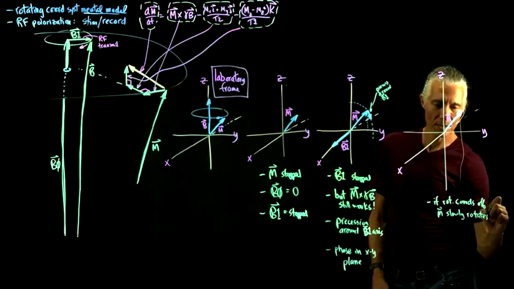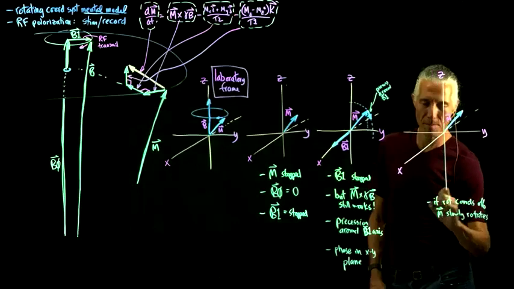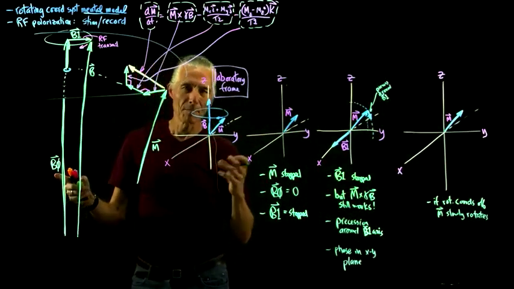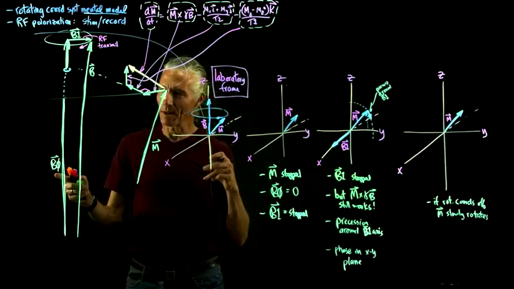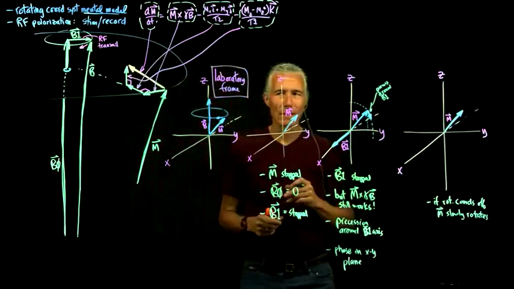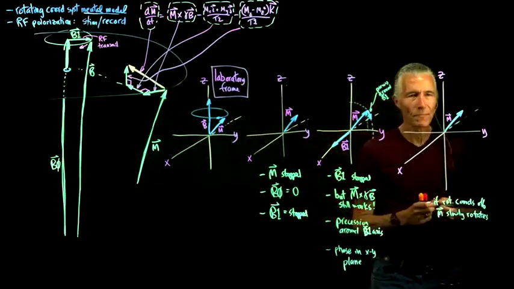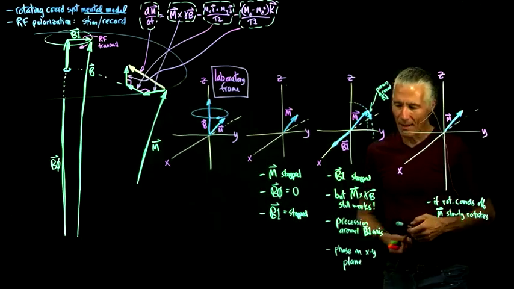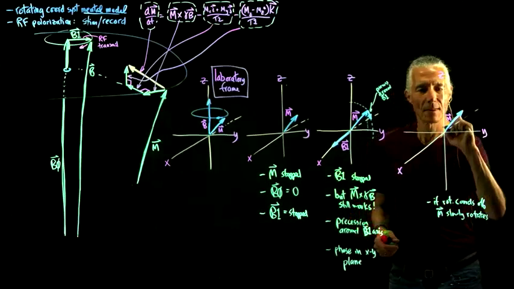Now it's way slower than it would be from the B field, because if we're off by like a part per million, it's a very slow rotation compared to the 123 megahertz rotation. But what is that equivalent to? That's equivalent to having a little B field.